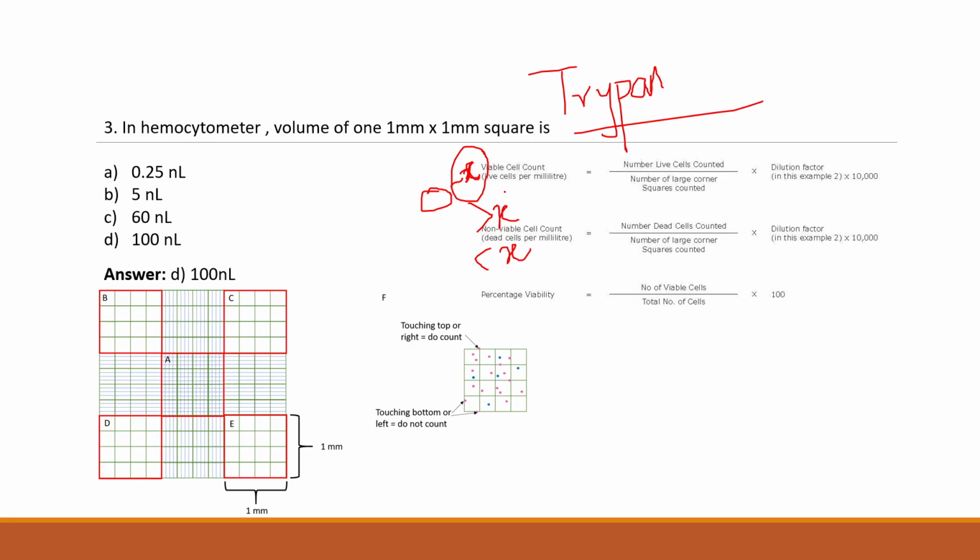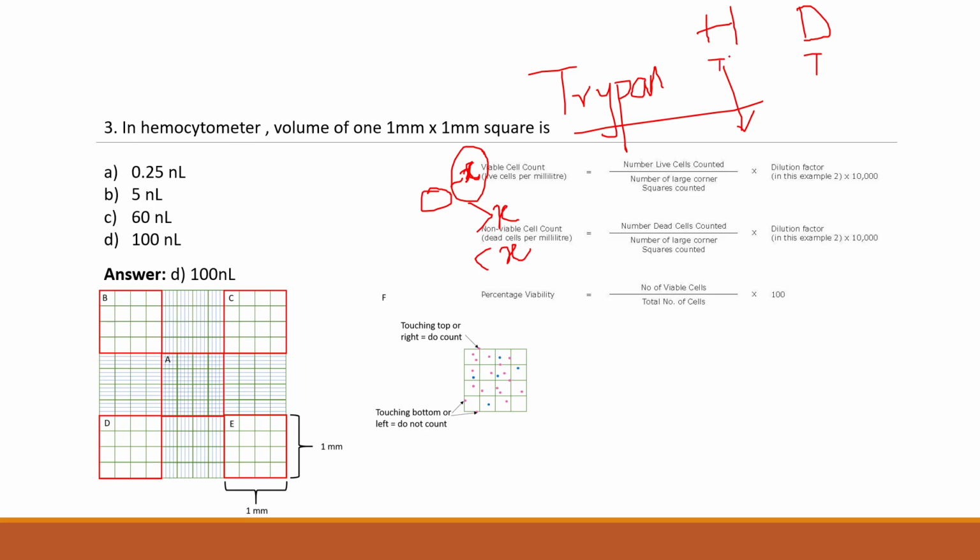Then your healthy cells will have an efflux mechanism. That is, your cells will throw away unnecessary things that are not required. So your healthy or live cells will throw away the dye, but your dead cells, because they are dead, cannot function, cannot throw away anything because they're not alive.